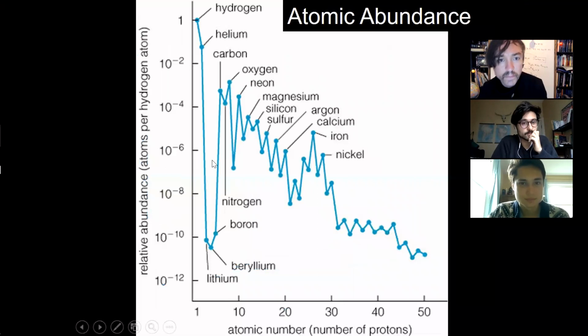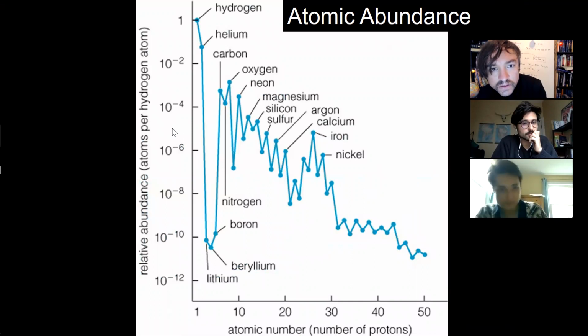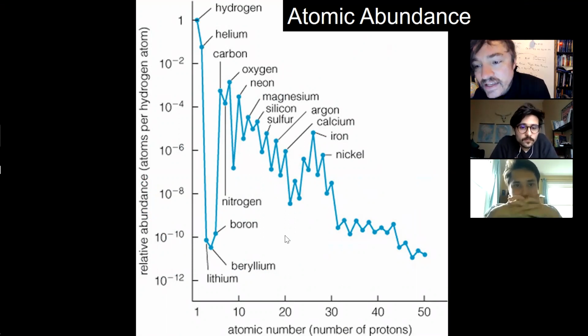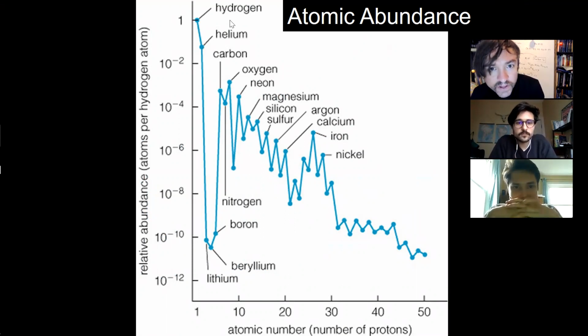This graph was done in a weird way because they basically scaled it all to a hydrogen atom. So they have hydrogen as having an abundance of 1, and they're showing the other elements as a percentage of hydrogen. For instance, if hydrogen is at 1, the relative abundance of helium is about 10 to the minus 1.